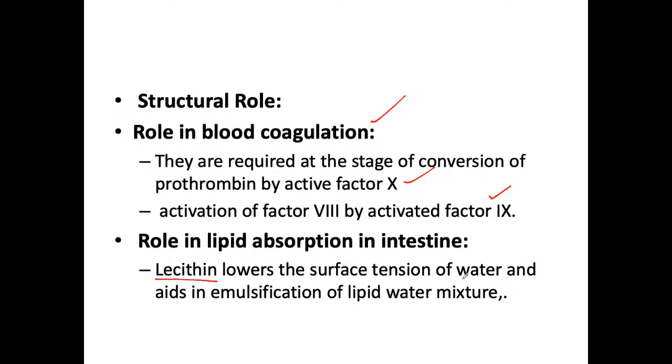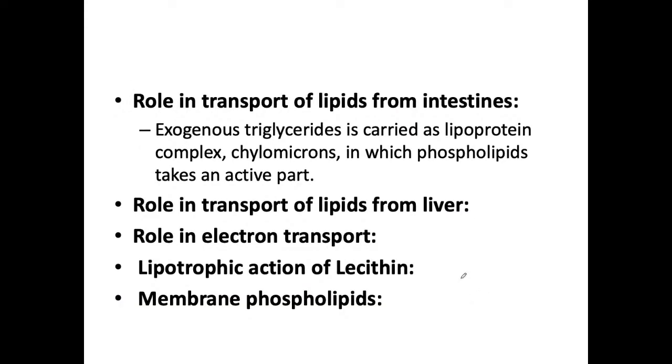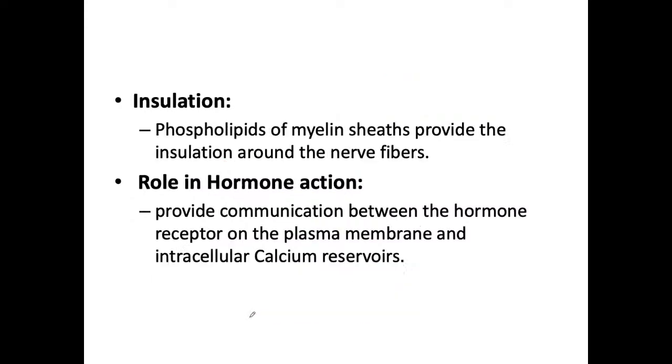Lecithin lowers the surface tension of water and aids in emulsification of lipid-water mixtures. There is also the role of transport of lipids from the intestines. Exogenous triglyceride is carried as a lipoprotein complex, chylomicrons, in which phospholipids take an active part. Also transport of lipids from the liver, role in electron transport, lipotropic action of lecithins, and membrane phospholipids.